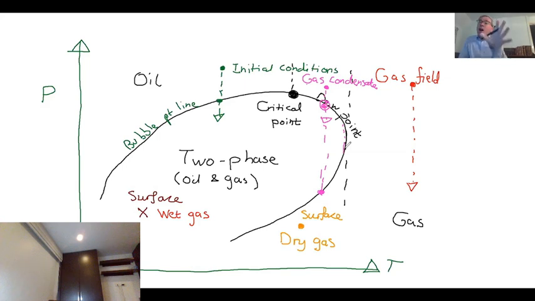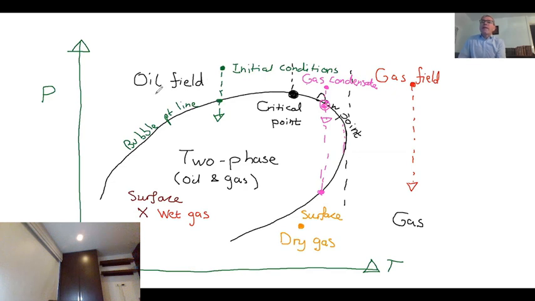So this diagram is something that is measured. You know this diagram. Before you start developing the field, you need to know this diagram before you start. Okay, so that really is the first simple description of the phase behavior.